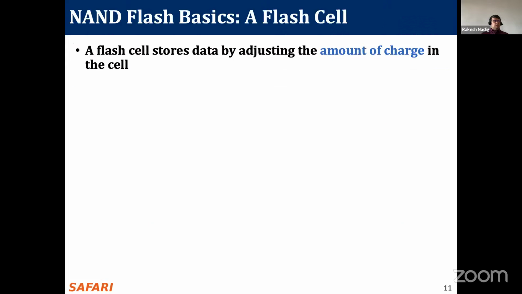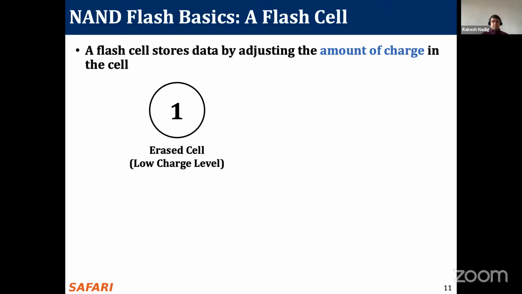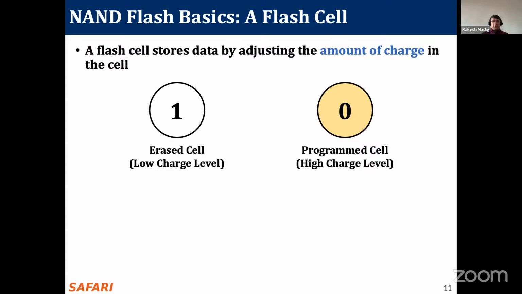So let's look at a single flash cell. A NAND flash cell stores data by adjusting the amount of charge in a cell. An erased cell doesn't have any charge, or it has a very low charge level, and an erased cell indicates the value 1, and a programmed cell has a high charge level, and in NAND flash memory it indicates a value 0.